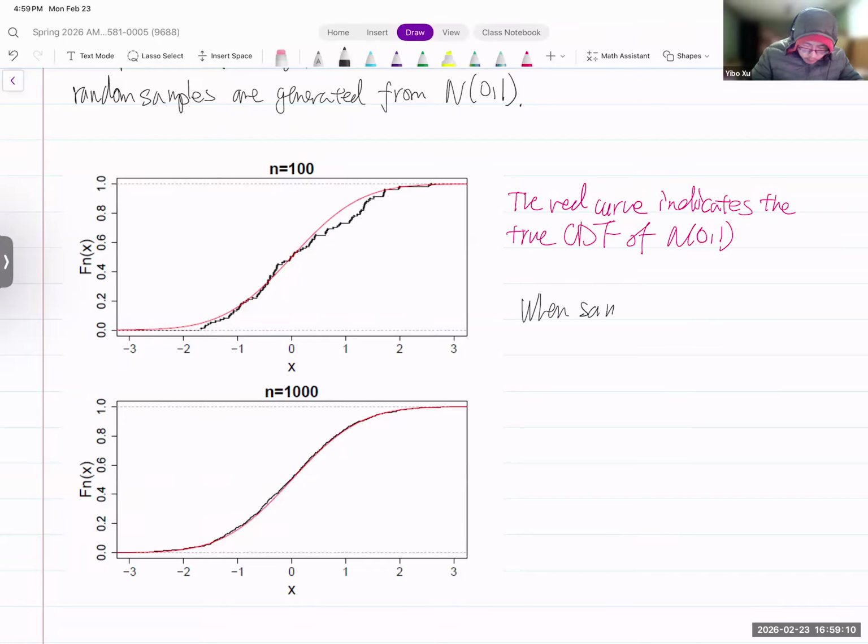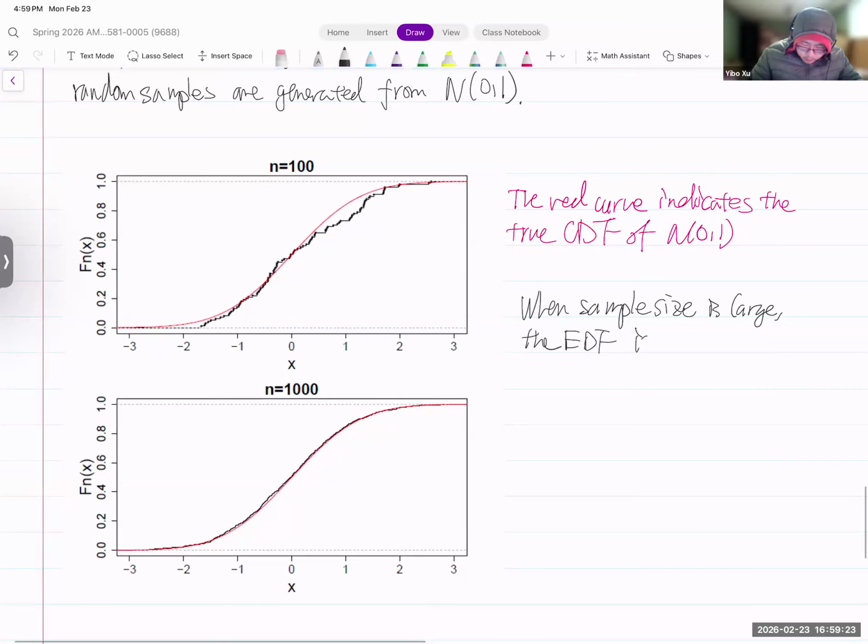When the sample size is large, the EDF is pretty close to the CDF, to the true CDF. All right.